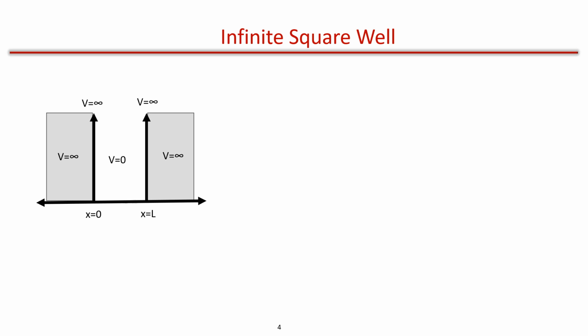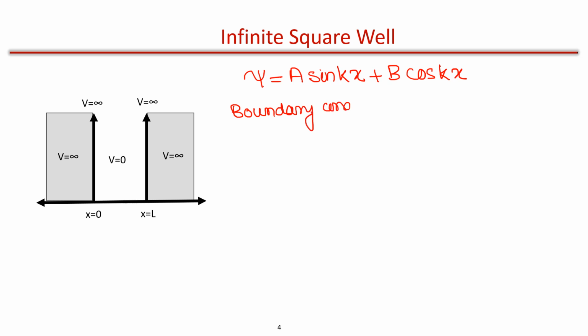We have psi is equal to a sin kx plus b cos kx. From the boundary conditions, we have psi must be 0 at x is equal to 0.